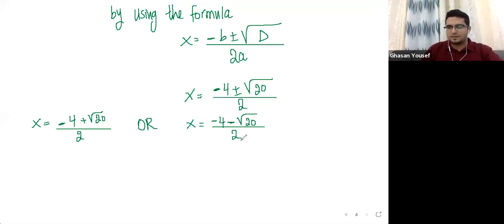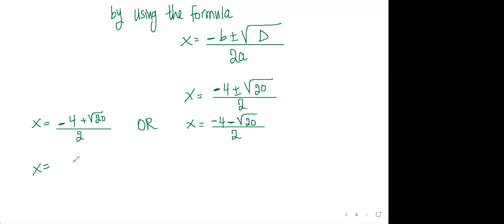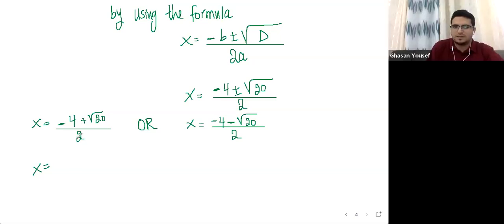Yes, we can simplify it. How can we simplify it, Natasha? How can we simplify the answer here? Can you help? Do we have to factor the square root? Yes, that's correct.